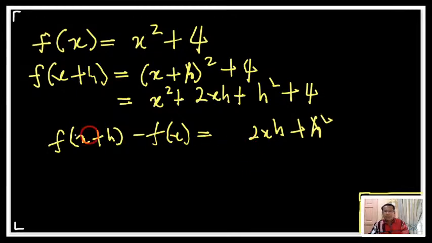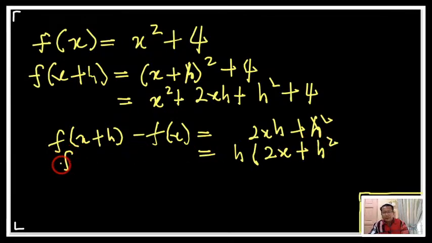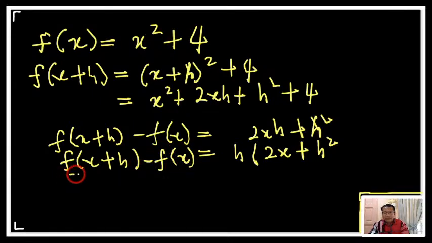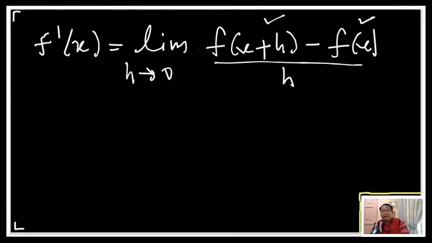Okay, so this one you can factor out h, so you get h(2x plus h), because your objective is to get rid of h from the denominator. So divide by h, according to the formula, divide by h.